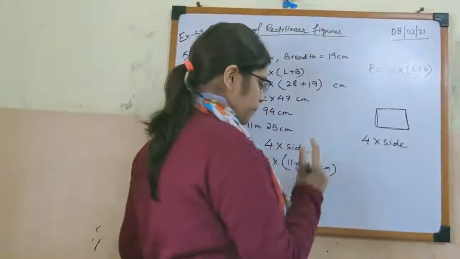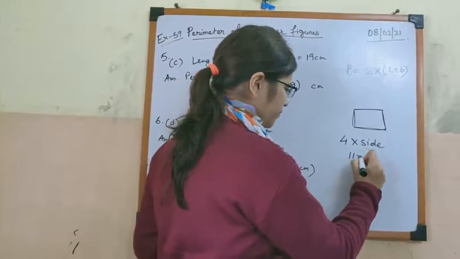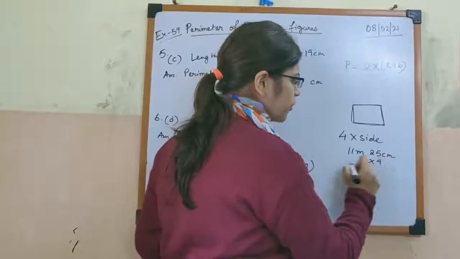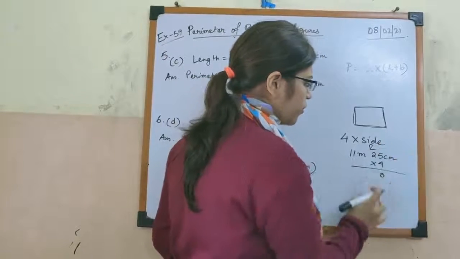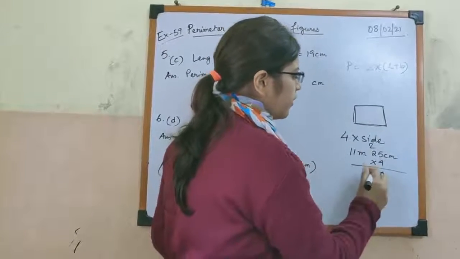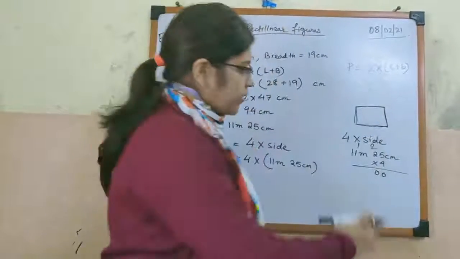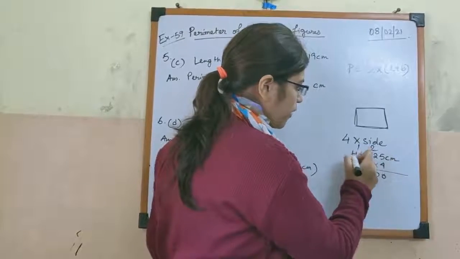Now if you multiply 4 with this, 5 into 4 is 20, carry 2, then 4 twos are 8 plus 2 is 10, then carry 1. Now 4 ones are 4, plus 1 is 5, so 4 1 4.